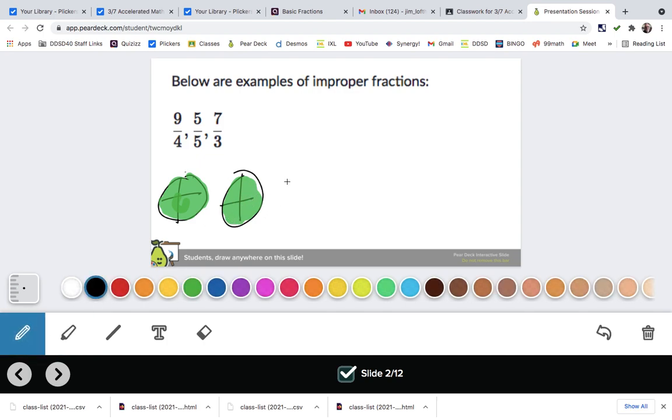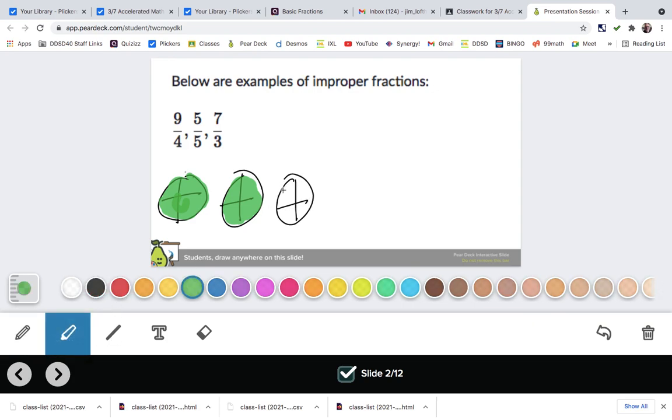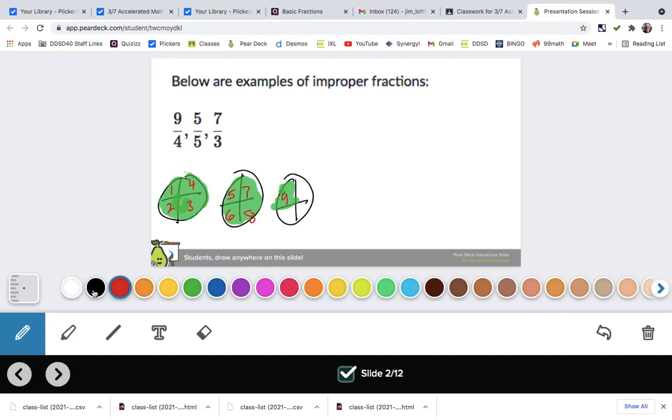So I still need another whole amount, cut it into fourths, shade just one more to get my 9th one. So if I wanted to number these, it could be like this: 1, 2, 3, 4, 5, 6, 7, 8, 9. So that is the 9/4, and we can view that as one whole. That's one whole, and that's 1/4. So we could rewrite this as 2 and 1/4, just like that.